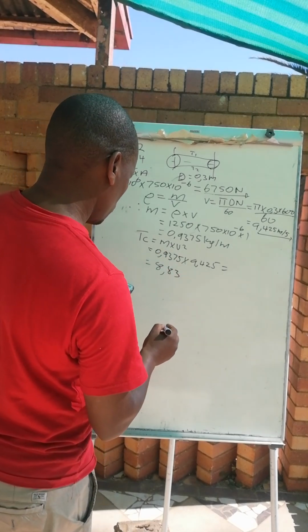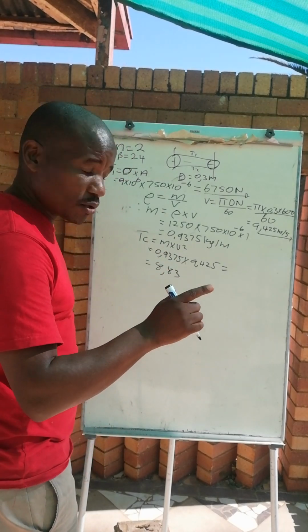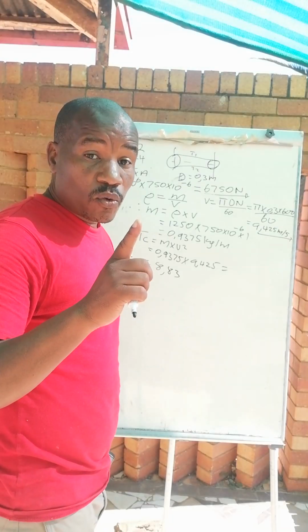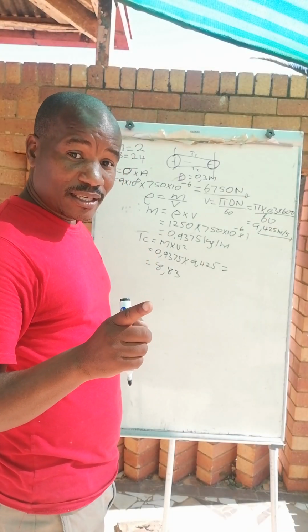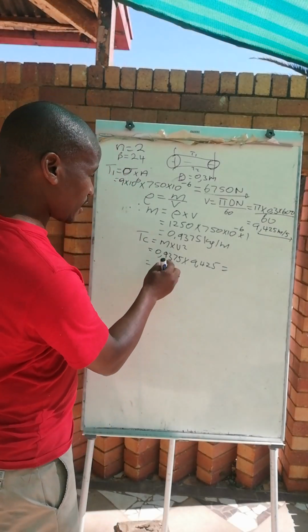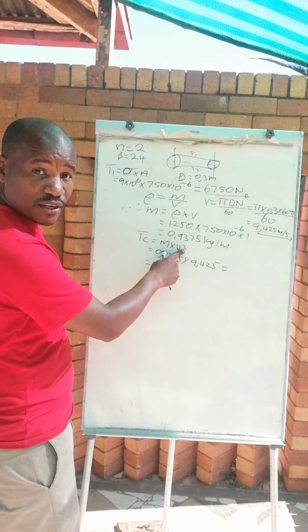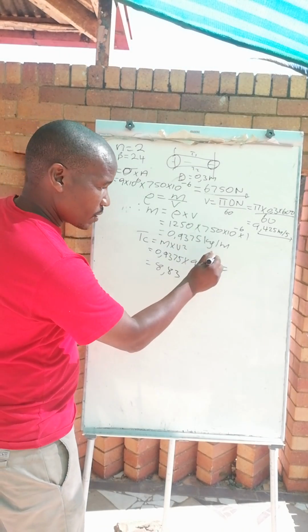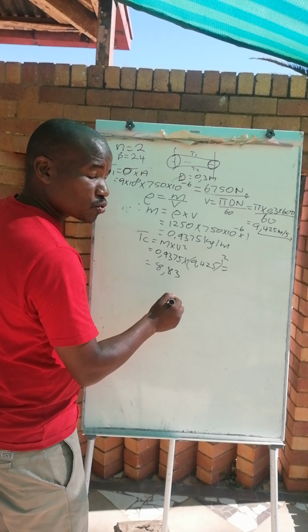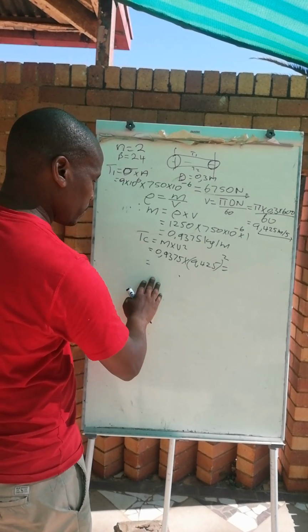Why so low? You must always try to accommodate mistakes, check them and grow for the better. I forgot to square this velocity. That's where my problem was.